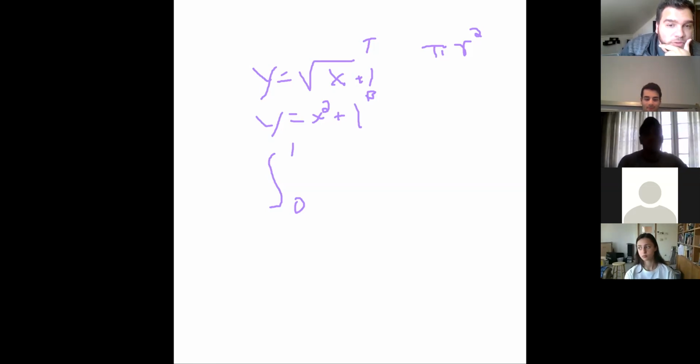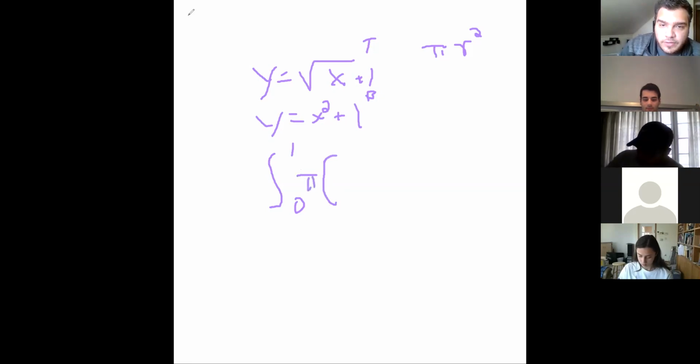So from 0 to 1, we take out the pi, and we are going to subtract the new axis. Now the radius is slightly different. There's still pi over here.